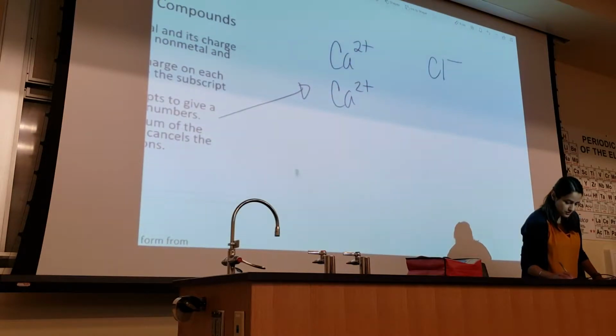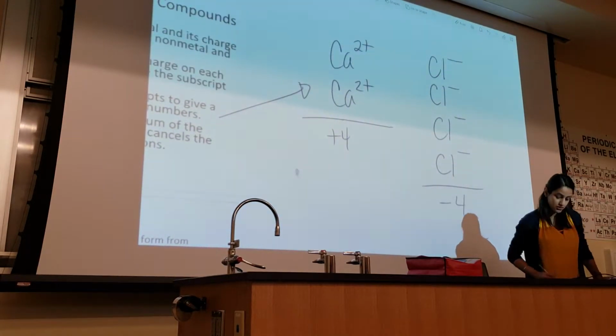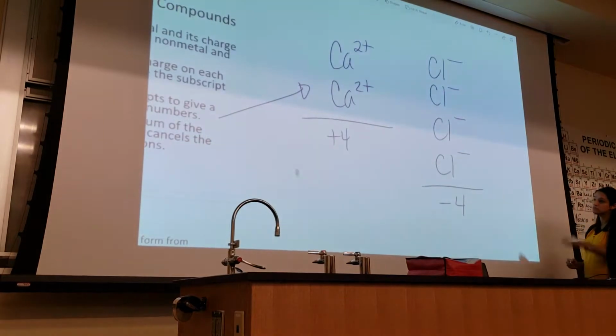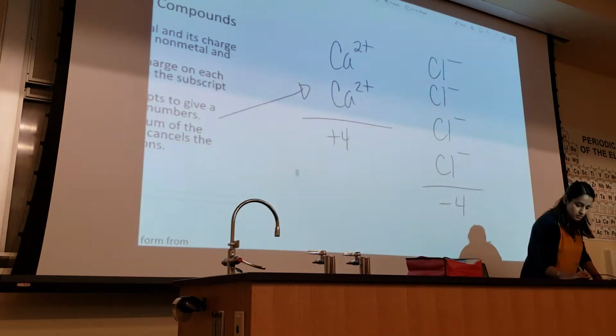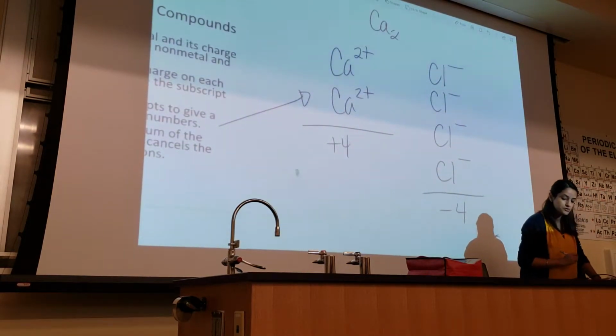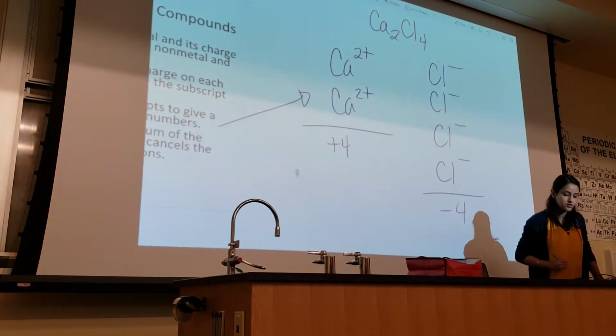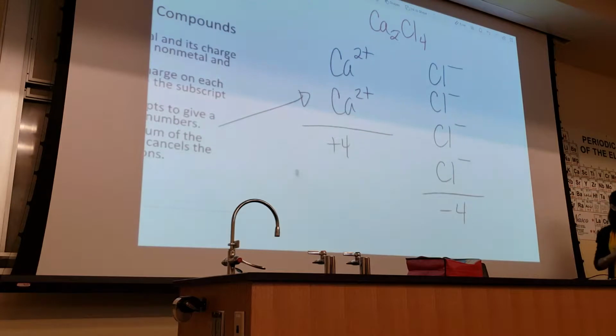So here, I have a +4 and a -4. So the charges cancel out, but this is not in the lowest terms. Because if I write the formula, I have 2 calcium ions for every 4 chlorine ions.